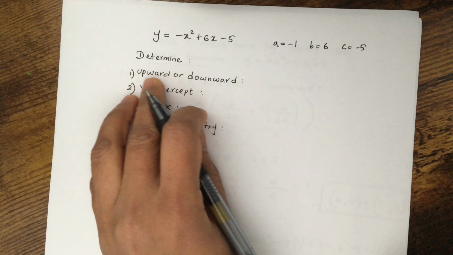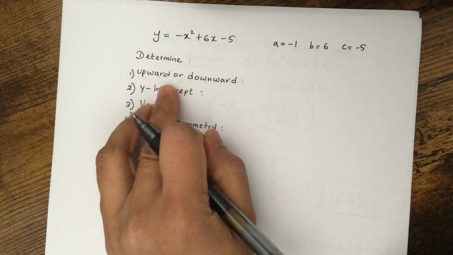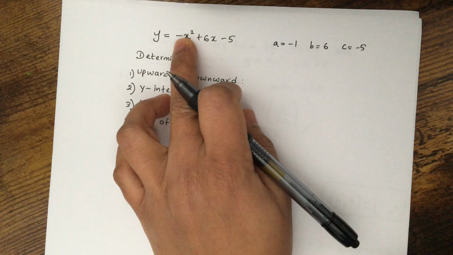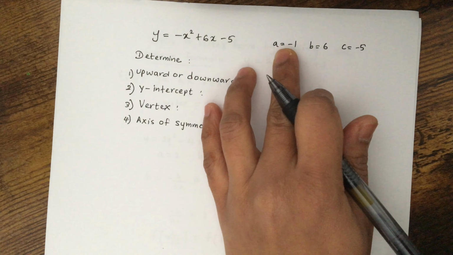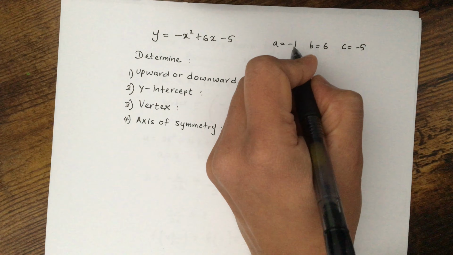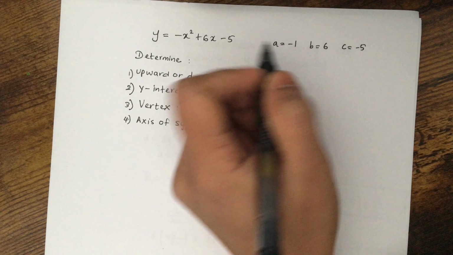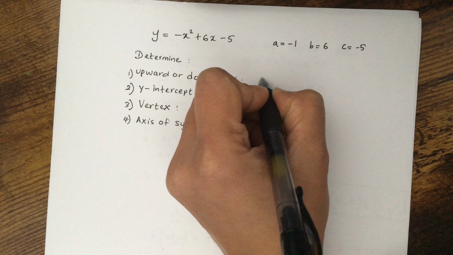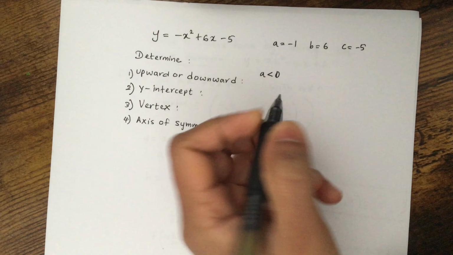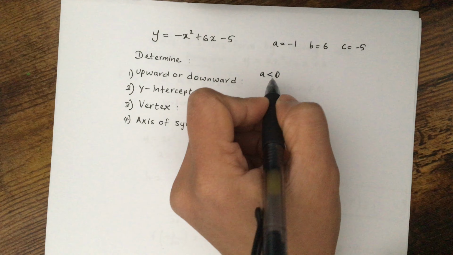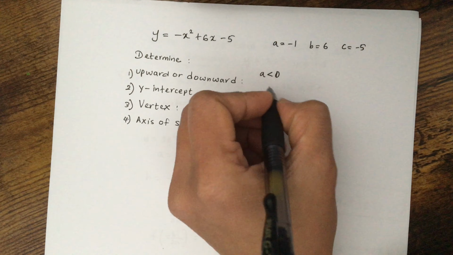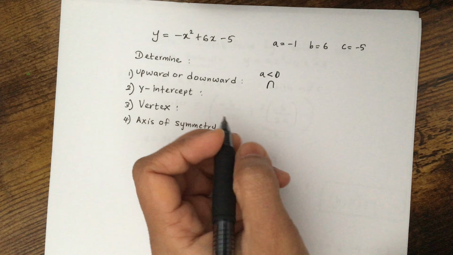So to find whether your quadratic function is upward or downward, you have to look at the leading coefficient. The leading coefficient is a equals -1 and it is negative. You have to look at the sign. If your a is less than 0, which is negative, then your quadratic function is downward like this, right?